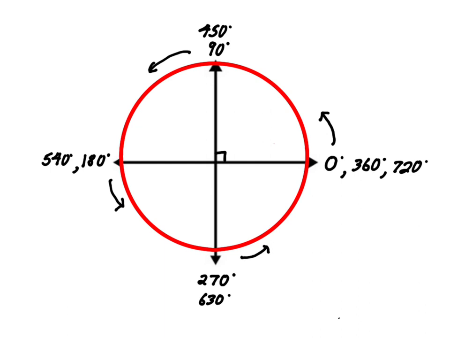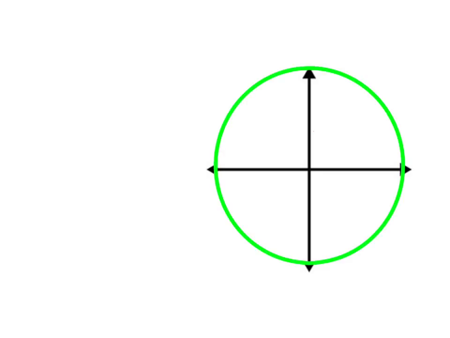Okay, now, what if we want to go the other direction? Okay, so we're going to always start here at 0 degrees. But we're going to go this direction, clockwise. Well, when we go clockwise, we're going in a negative direction.